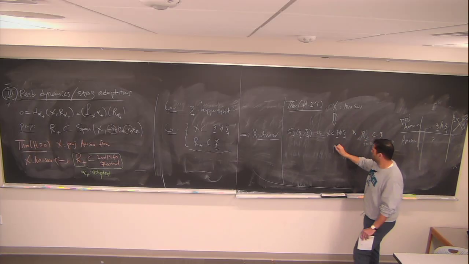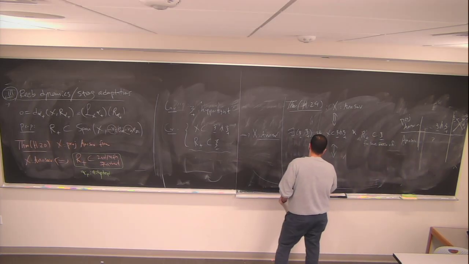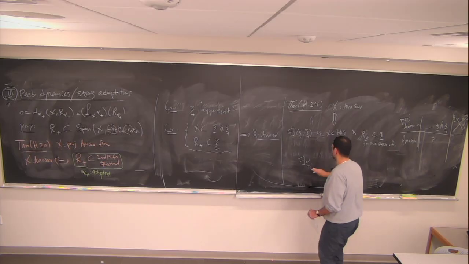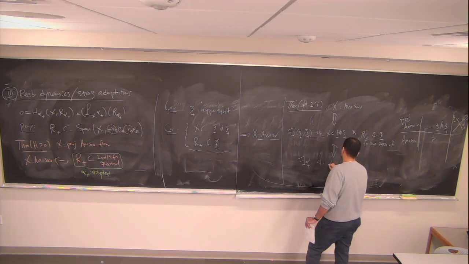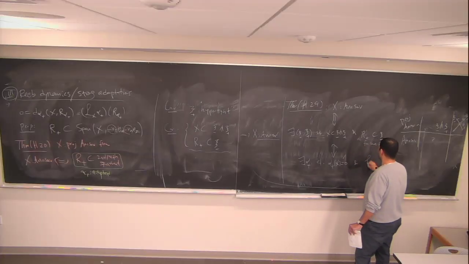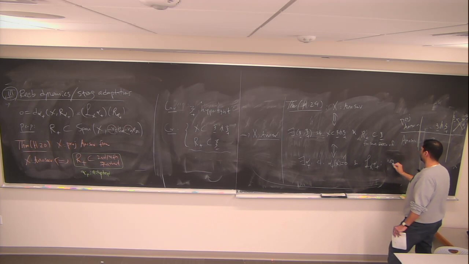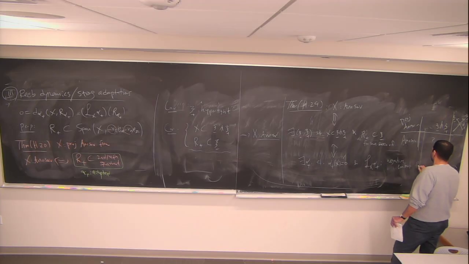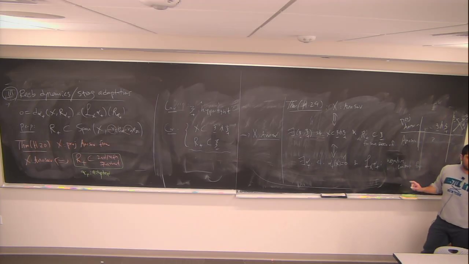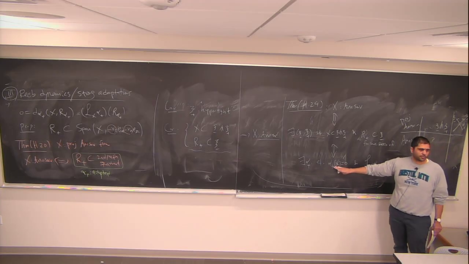Another way of thinking about this is that there exists some contact form alpha plus such that this includes the vector field X, and also the Lie derivative of alpha plus in the direction of X is a negative contact form. That's another way of thinking about this, and this is nice because now you can think of Anosovity as an open condition on a one-form, on a contact form.